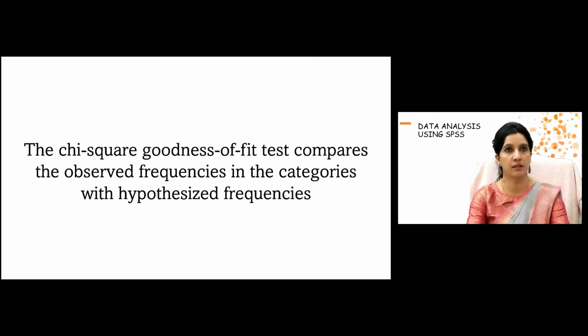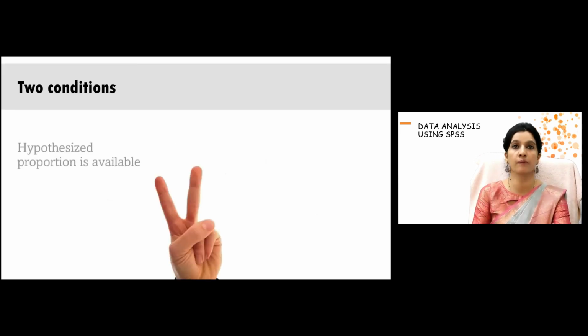The chi-square goodness of fit test compares the observed frequency in the categories with the hypothesized frequency. Here the expected is the hypothesized, and the observed is what you actually observe in your data.